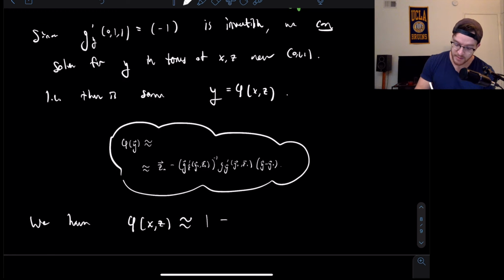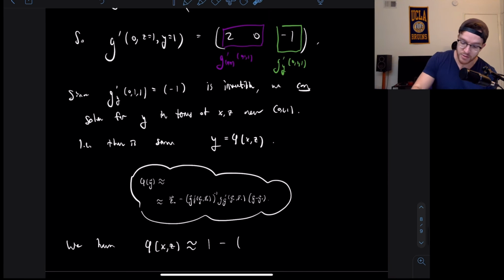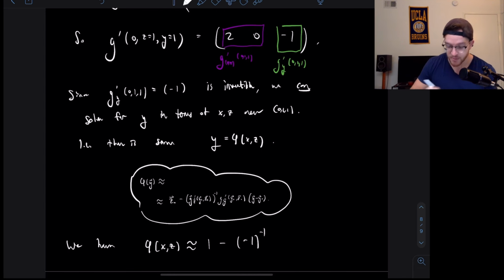Minus the inverse of the relevant G prime matrix, which is here. So this will be the inverse of the number -1.